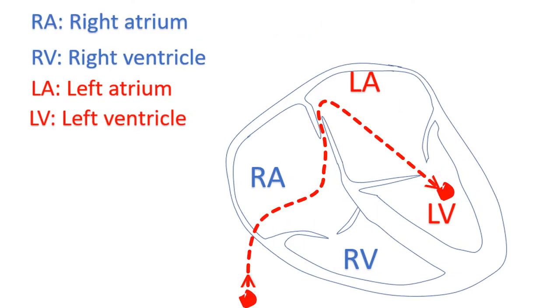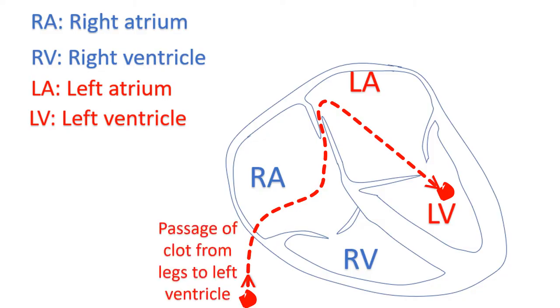Small PFO cannot produce much problem due to the shunting of blood across it unless it is stretched open by other diseases. But small clots from the leg veins or tummy can occasionally pass across it to the left atrium. This is a risky situation. The clot can move from the left atrium to the left ventricle and then to the aorta.